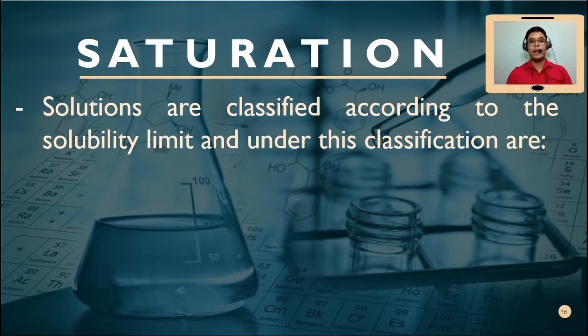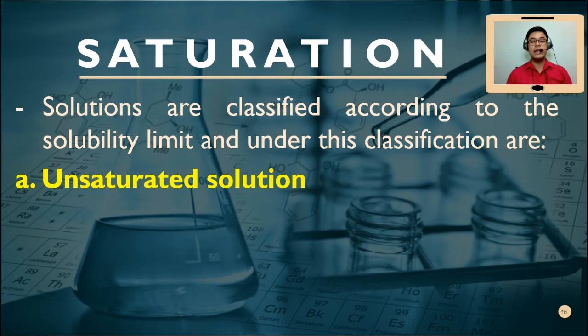For example, the most that a specific amount of water can dissolve is a certain amount of solute. So that is what we call the solubility limit. And here, we are going to encounter the words less than, greater than, or equal to the solubility limit of a given solvent. And now let's have the first type of solution under the saturation, which is the unsaturated solution.